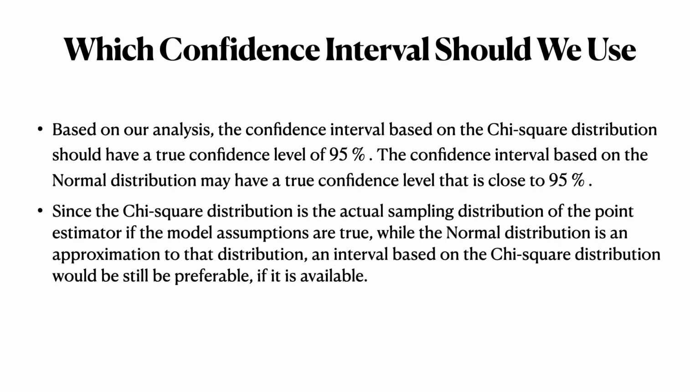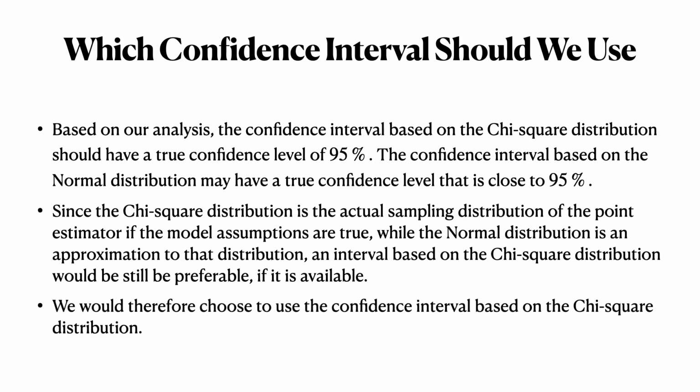Since the chi-square distribution is the actual sampling distribution of the point estimator of sigma squared if the model assumptions are true, while the normal distribution is an approximation to that distribution, an interval based on the chi-square distribution would still be preferable, at least if it's available. We would therefore choose to use the interval based on the chi-square distribution.